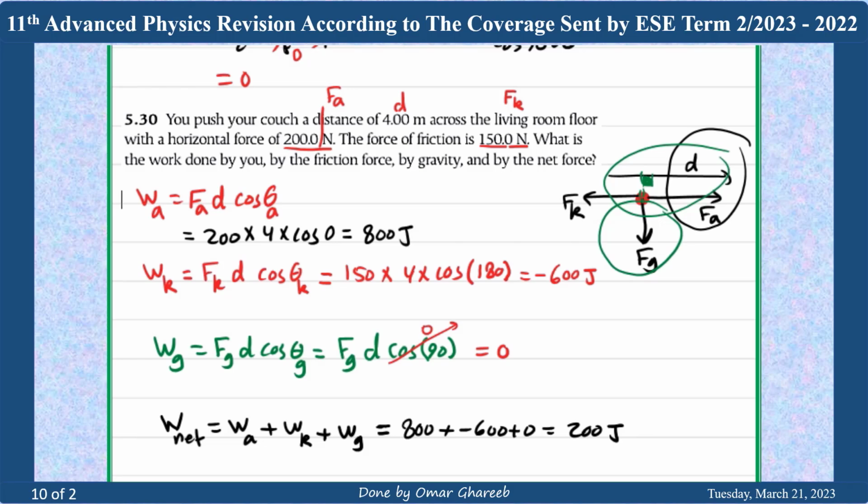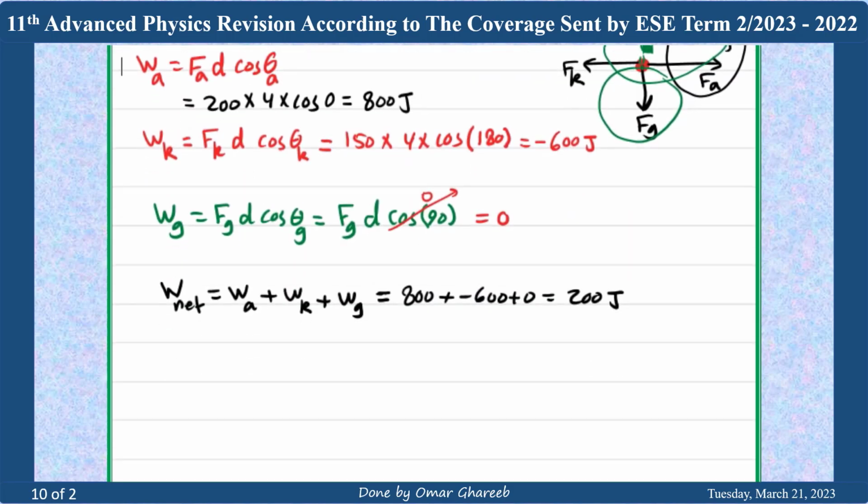And we can obtain the same answer another way. W of F net equals F net times D times the cosine for the F net. What is the net force for FA and FK and FG?